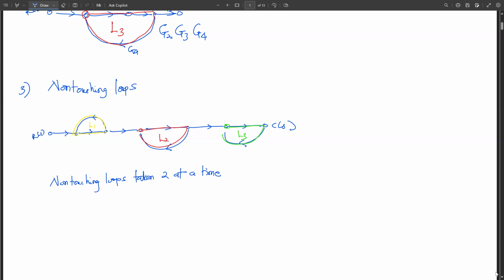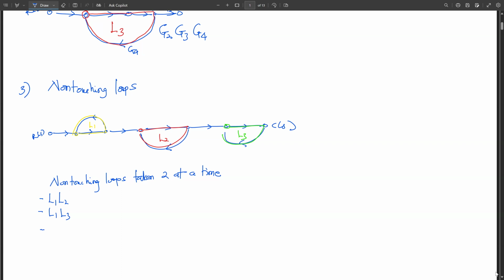I could also say that L2 and L3 are not touching because they are not sharing any nodes in common. So if I want to write this, I can say that L1, L2 qualify to be non-touching loops, taking two at a time. L1, L3 qualify to be non-touching loops, taking two at a time.